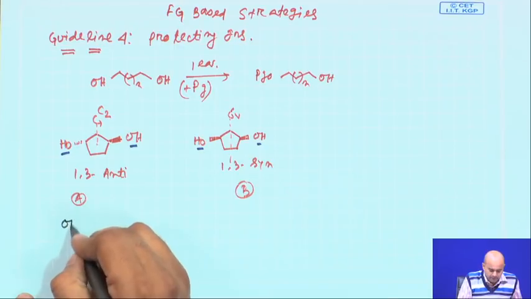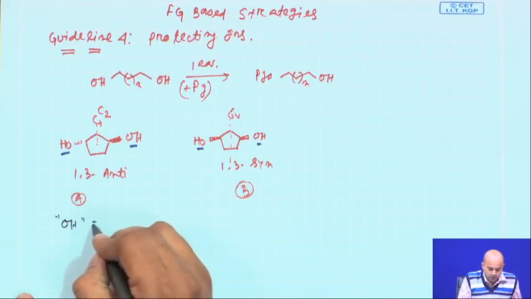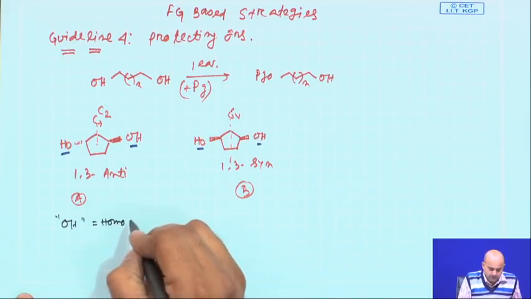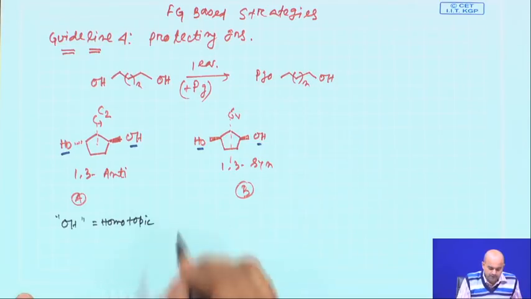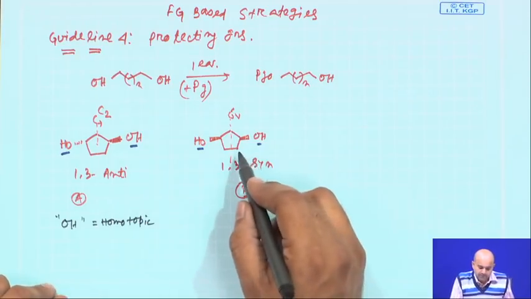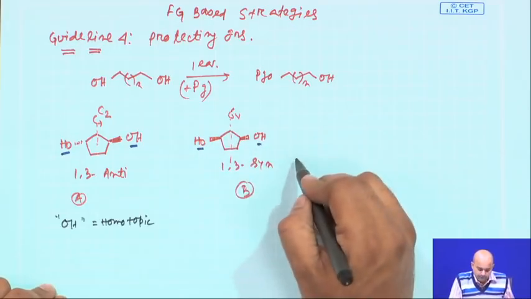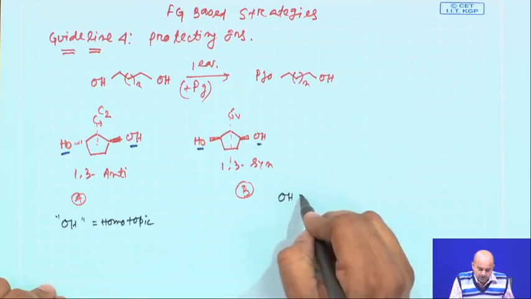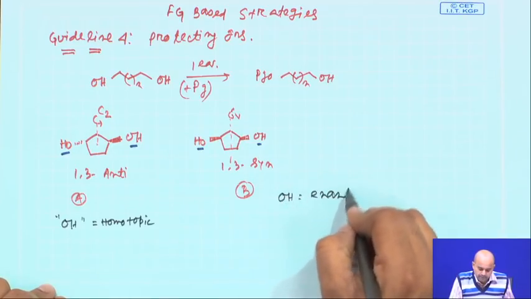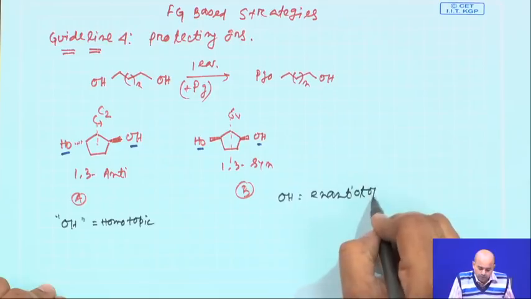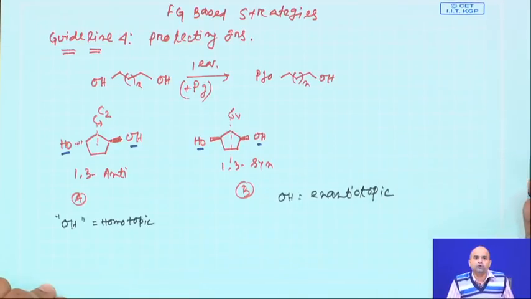So, these two OH groups are homotopic, meaning they are equivalent, and for the other compound, as they are related by the mirror plane of symmetry, the OH groups are enantiotopic. Now, what implication does this homotopic or enantiotopic relationship have for protecting group chemistry? We will demonstrate with this particular example.